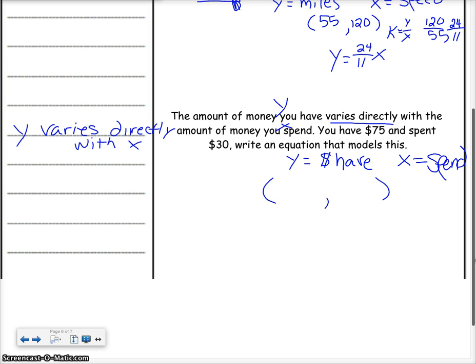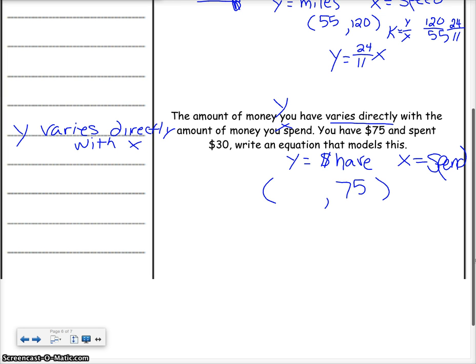Then I create a point. I have 75. Now does have, my have money, is it my X or my Y? Looks like my Y. I have 75. That's why I write what my Y and X are so I can check. Then spend 30. What's my spend?